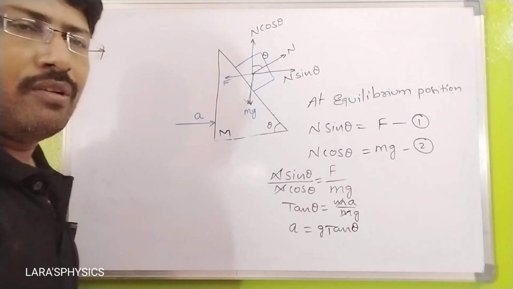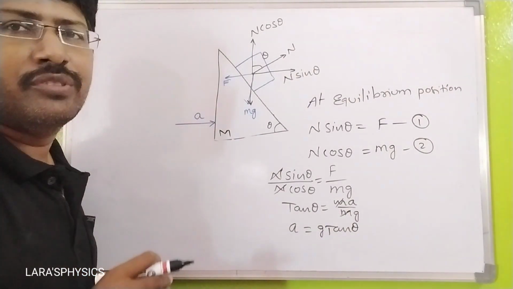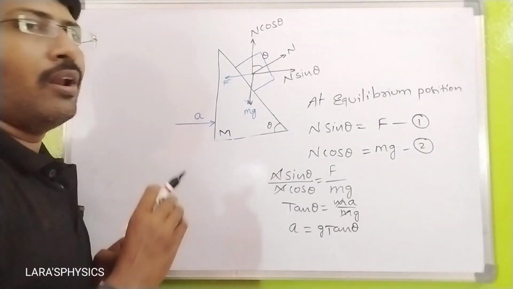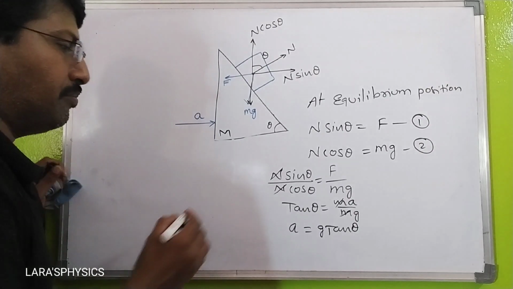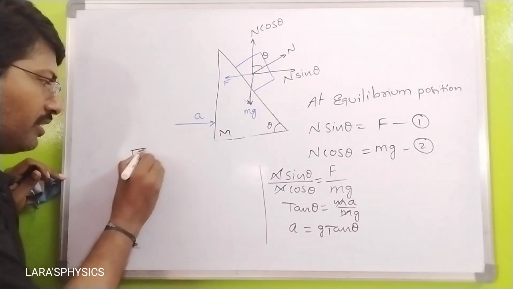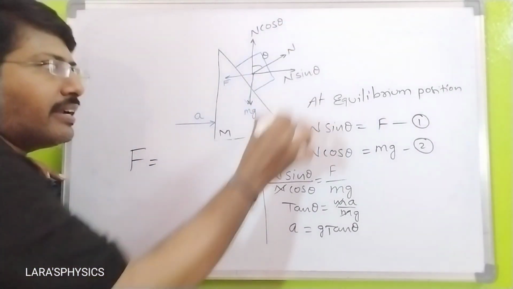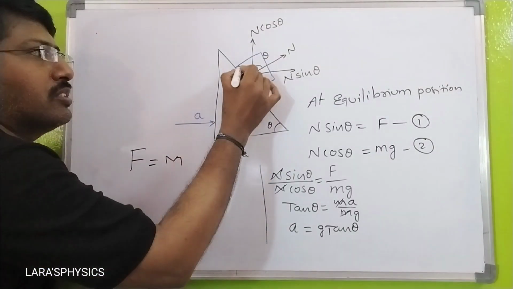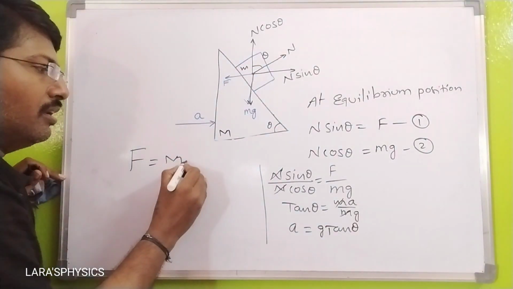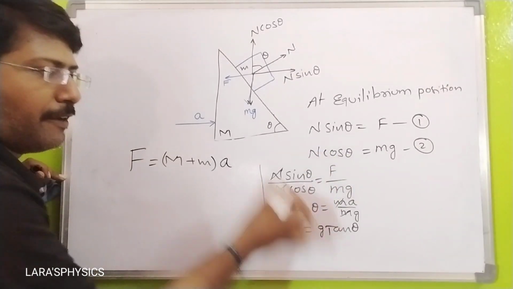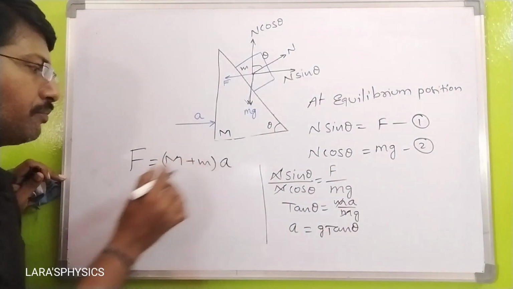Now they asked the question, how much force is required to pull the entire system to keep this small block in equilibrium position? So I will write here that force F is equal to the entire mass of the system, capital M, mass of the wedge, plus small m, mass of the block, into the acceleration A. Now substitute this value here.